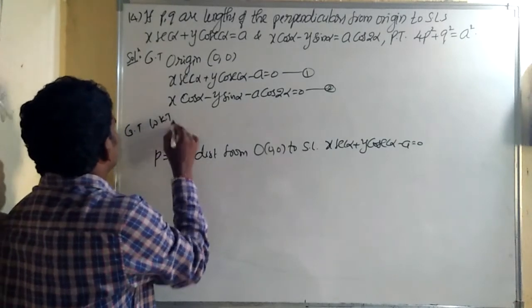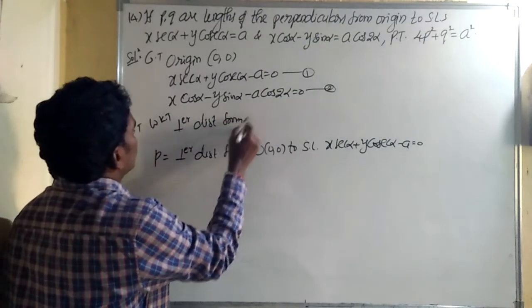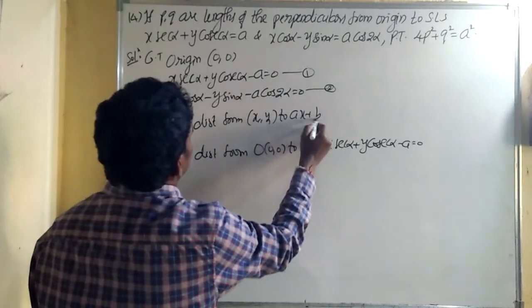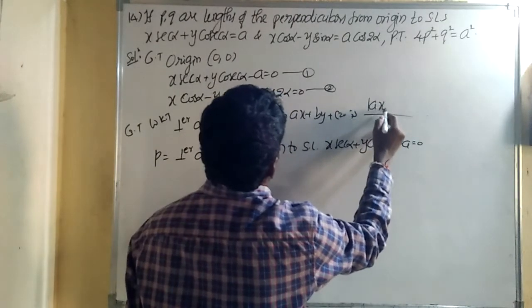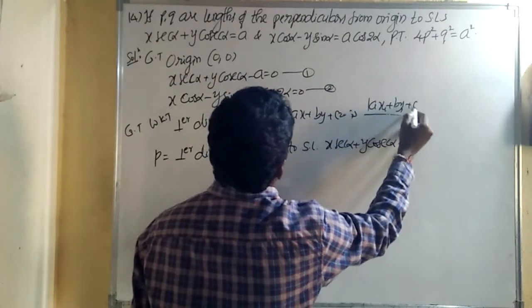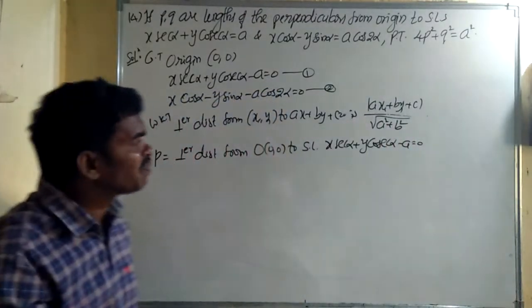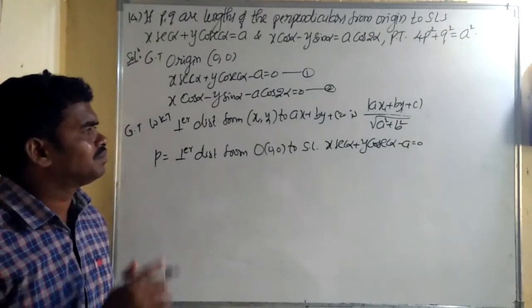We know that the perpendicular distance from x1 comma y1 to the straight line ax plus by plus c equal 0 is modulus of (ax1 plus by1 plus c) by root of a square plus b square. Actually this is the formula. If you write the formula, then you can easily complete the problem.